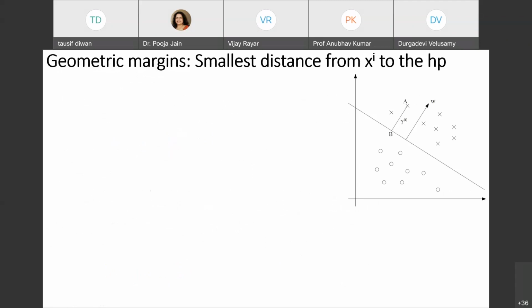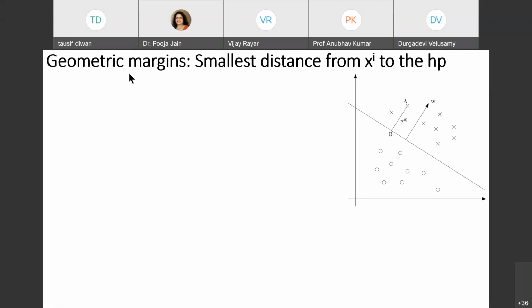See, the functional margin was about correctness. Now the geometric margin. The geometric margin is calculating the actual distance. Just look at this. This circle, suppose we consider it as class -1, and this cross can be considered as class +1. These are just labels, +1 and -1.